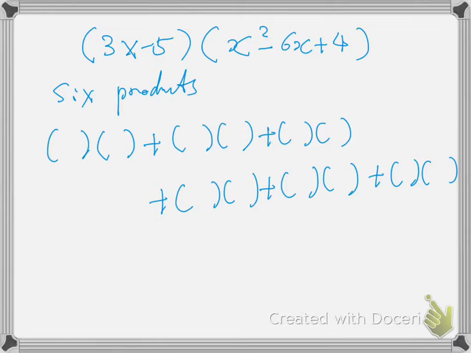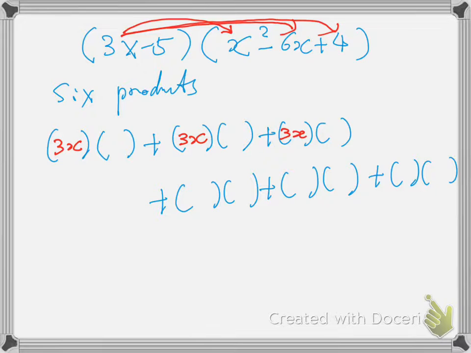So now let's look at the first 3 product distribution. So 3x times x squared. 3x times 6x. And 3x times 4. So on top, the first one, we always have 3x.